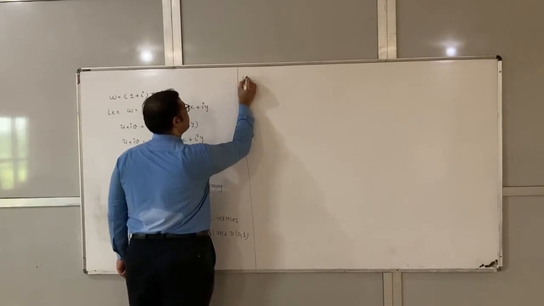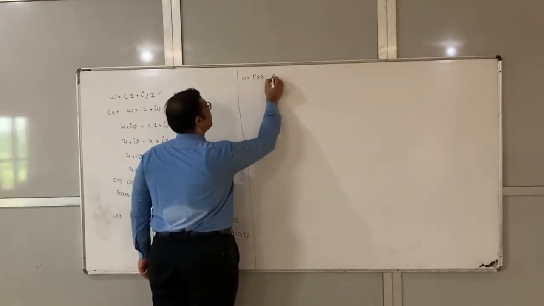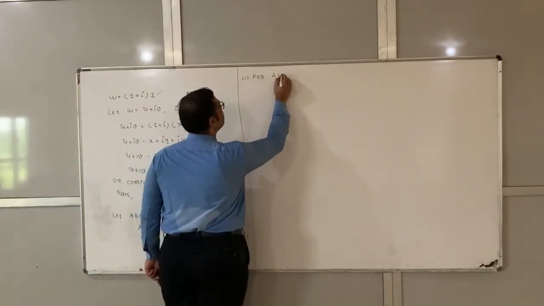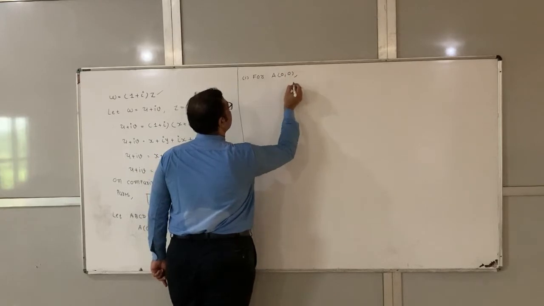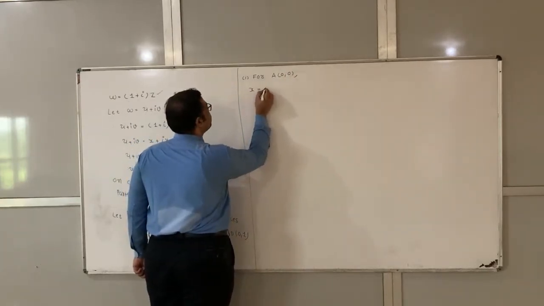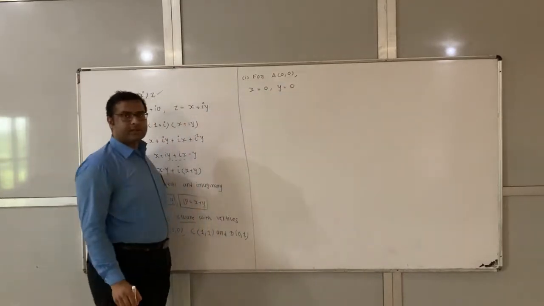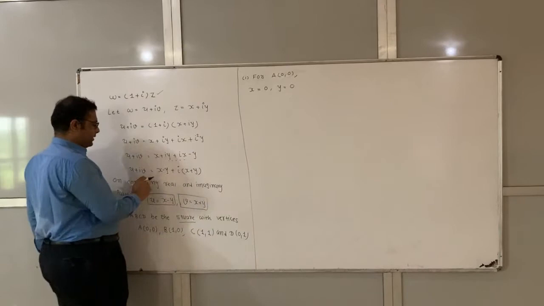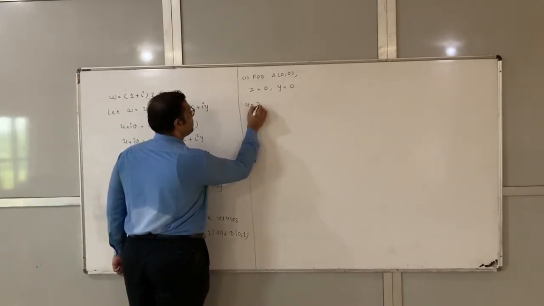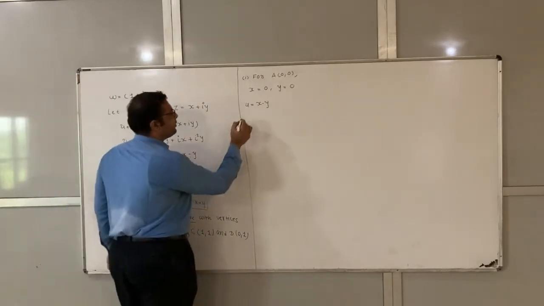First point, for A. Now the first point is A (0, 0). So A (0, 0) indicates that x is equal to 0, y is equal to 0. So u is equal to x minus y and v is equal to x plus y. So put the values.